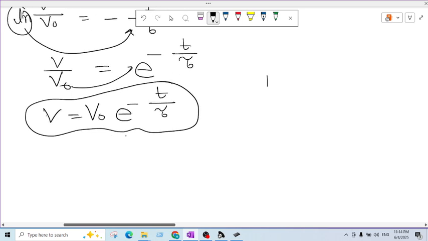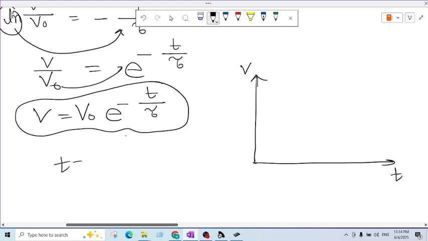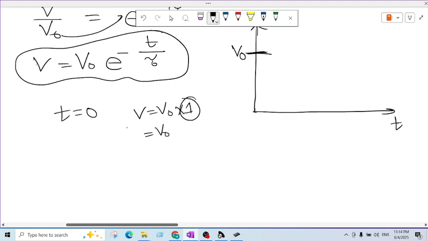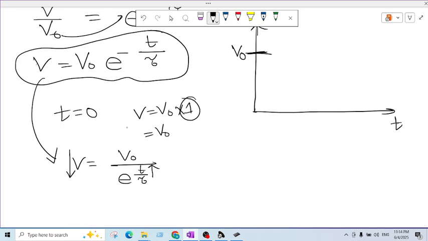Let's draw the graph here, v versus t. When t is 0, e to the power 0 means 1, so v is equal to v naught. That means when time is 0, the initial voltage is v naught, and from this equation we can see that if time increases, voltage will decrease.